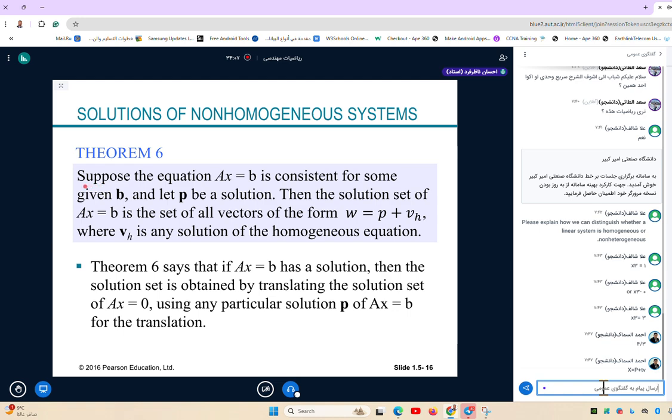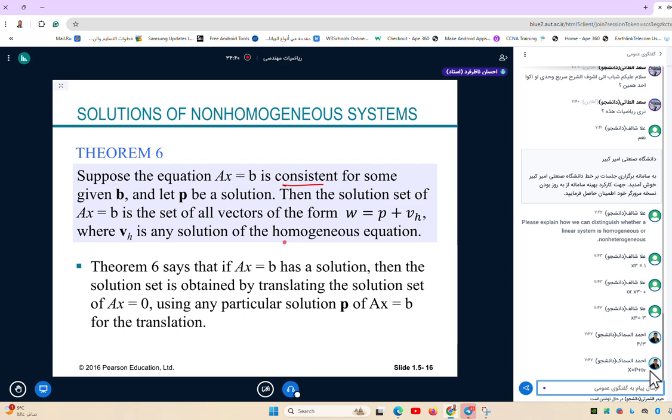Okay. So this is just a summary of our discussion. Suppose that the equation Ax equals b is consistent for some given b, and let p be a solution. Then the solution set of Ax equals b is the set of all vectors of the form p plus vh, where vh is any solution of the homogeneous equation.